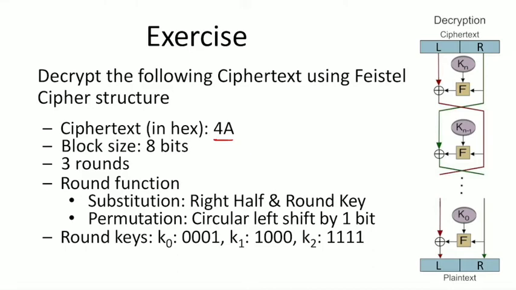Again, all the information remains the same as we had for the encryption process. The only difference is that now you're going to use these keys in reverse, right? So you're going to use key 2 first, key 1 as the next key, and then in the end you're going to use key 0. So let's try to solve this.